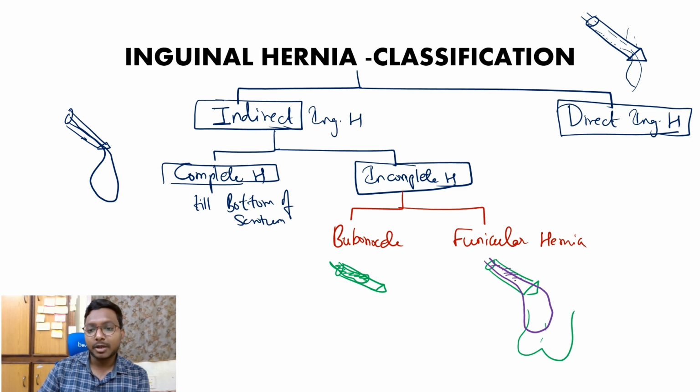It is not coming till the bottom of the scrotum, but still it is present. It has just entered into the scrotum. So this is the difference between bubonocele and funicular hernia. This is the basic classification of inguinal hernia we need to understand.